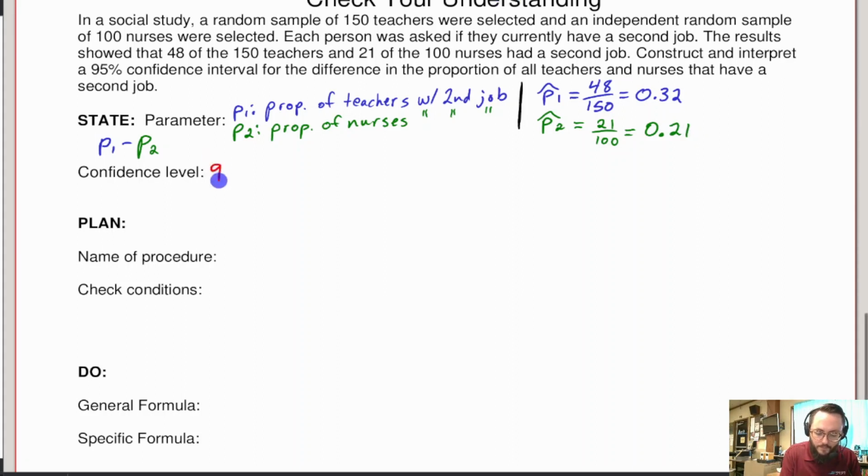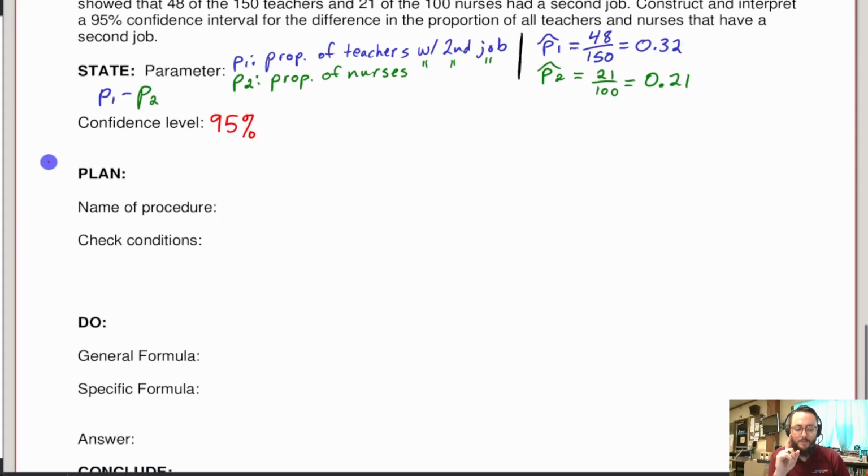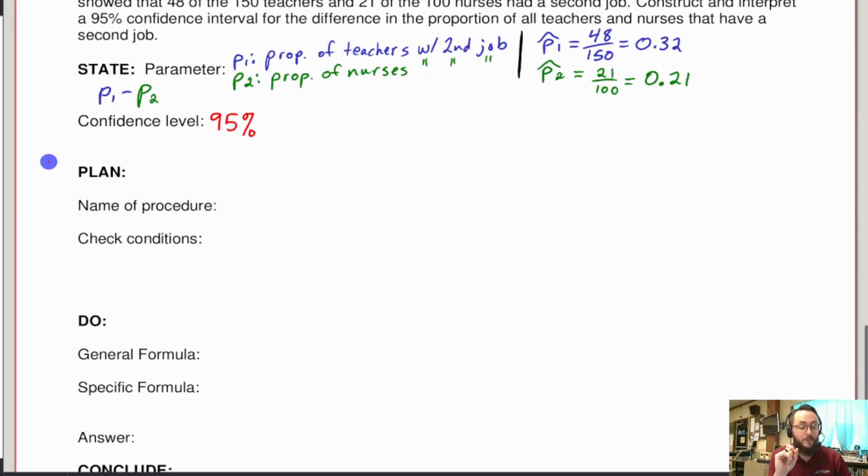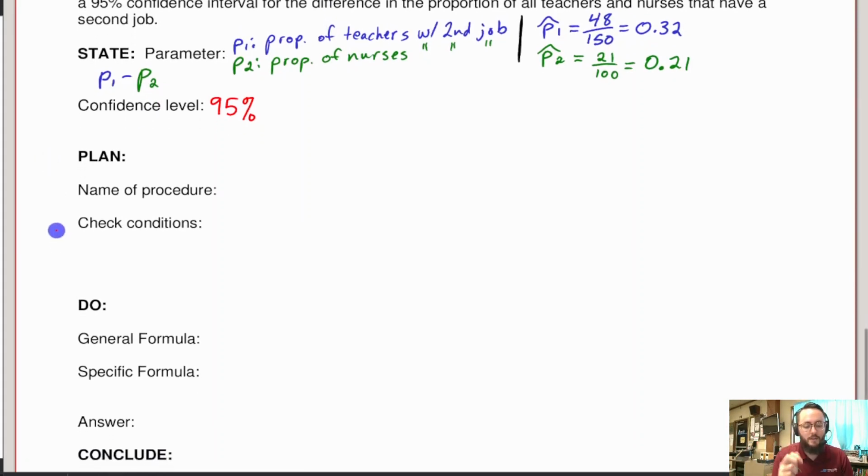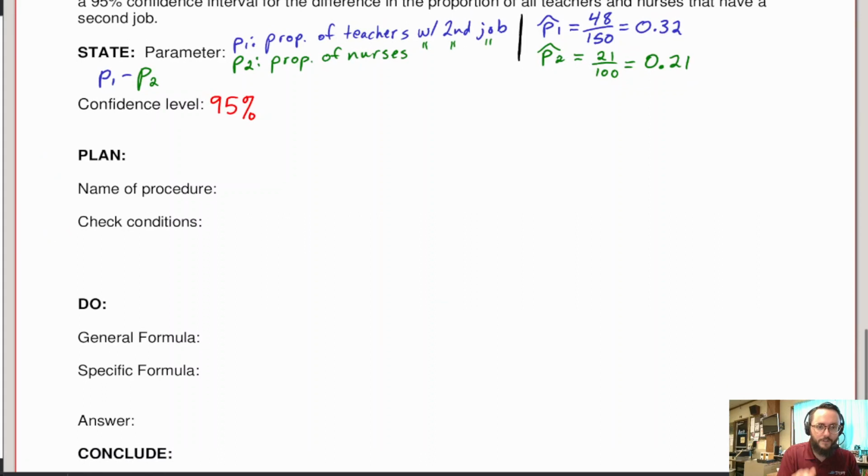Confidence level, 95%. Don't jump ahead. Right now, it doesn't hurt to say like, oh yeah, z is going to be 1.96, but that will come back to us later because we should name the procedure first.